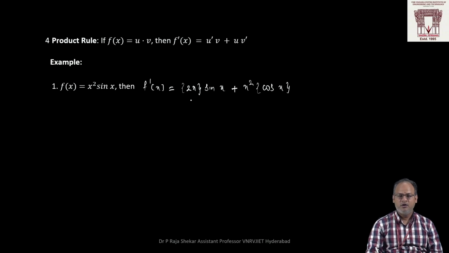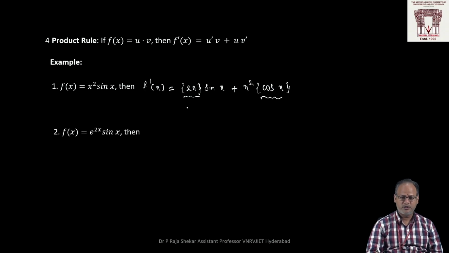So it is 2x into sin x plus x square into cos x. u dash v plus u into v dash. Whatever the derivative term, whether it is u dash or v dash, I just represented through flower brackets.